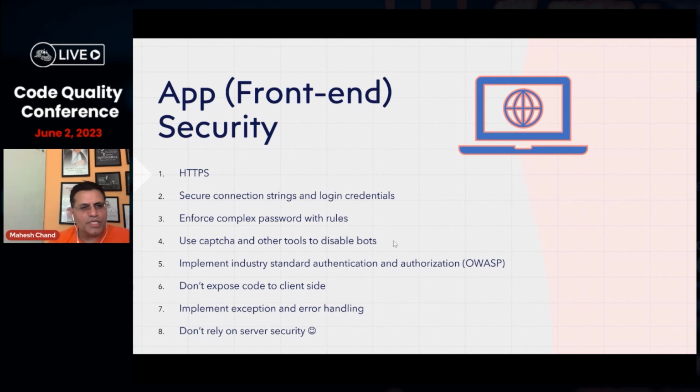The second thing is very important. What I see again and again is that a lot of developers put their connection strings or login credentials, somehow, in an unencrypted way in the application files.